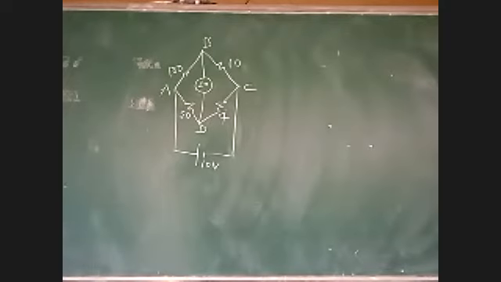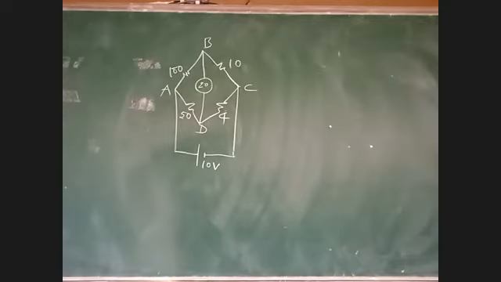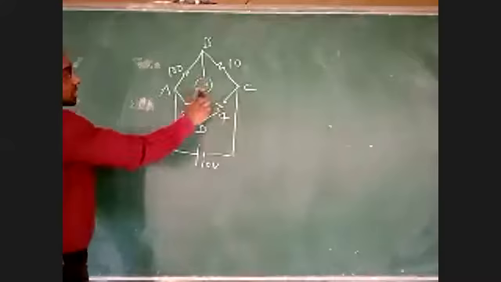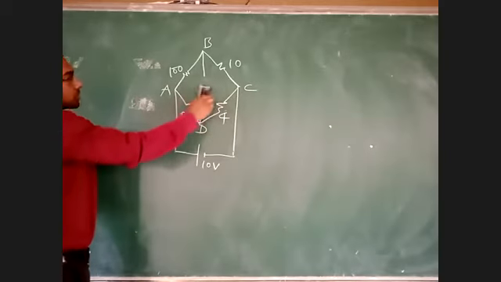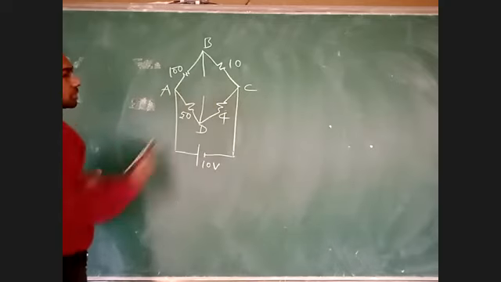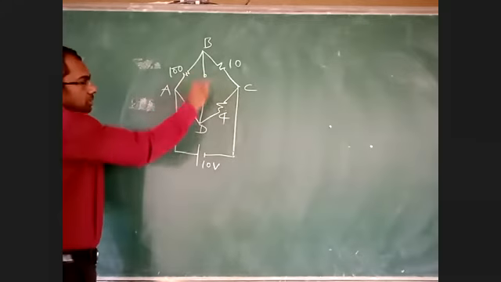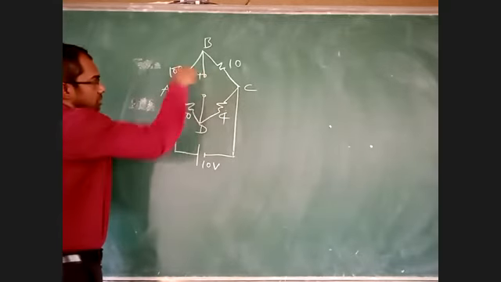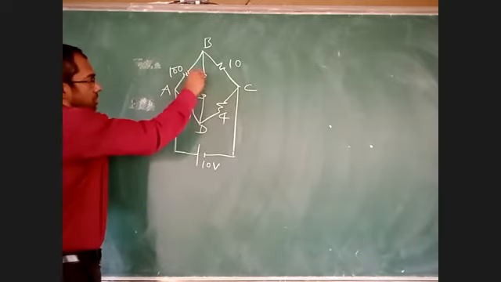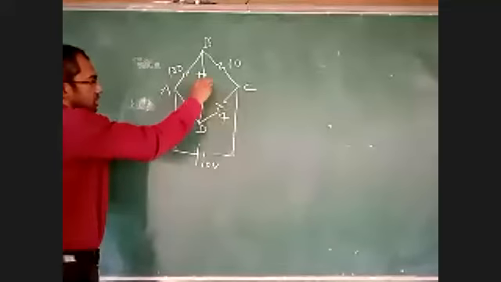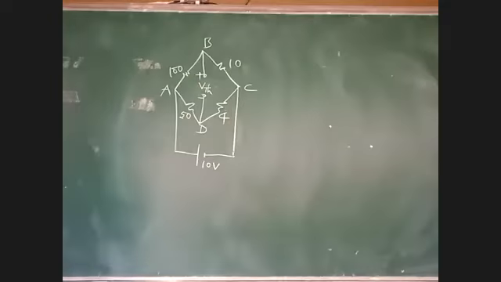Remove the resistance where they are asking us to determine the current. The galvanometer G, the 20 ohm, is where he is asking us to determine the current. I will take the upper one as plus and the lower one as minus.